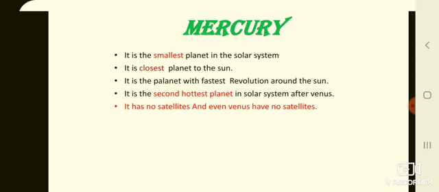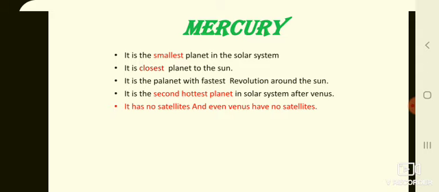And next, it is the planet with the fastest revolution around the Sun. All the 8 planets have two kinds of motion, that is revolution and rotation.